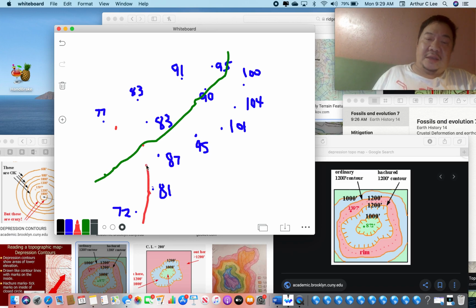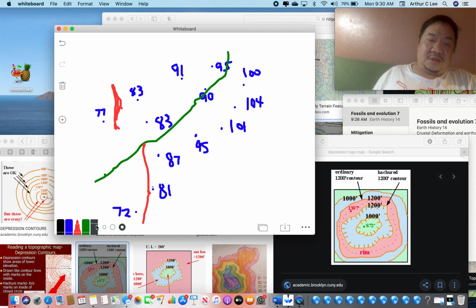Okay, now we can go ahead and make our 80-foot contour line by joining these 2 points, and it should never be jagged. Remember, the V's point upstream because this is a creek, and this is upstream. This is at higher elevation over here towards the northeast. So then you would go like this, and it's not going to go between these 2 points, because that's 72 and 77. It's going to be between these two, 77 and 83. 80 would be right in the middle.